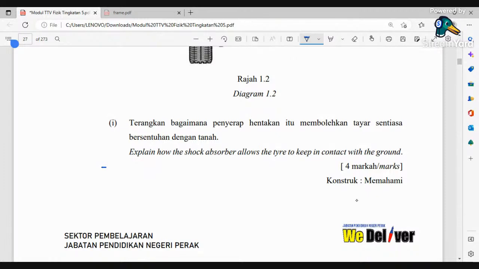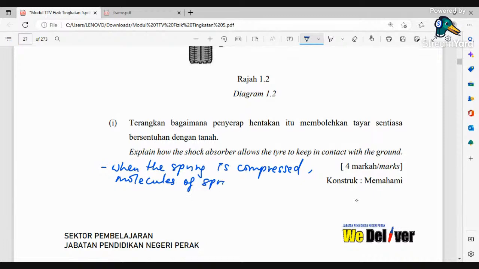Okay, so when the spring is being compressed, molecule of spring displace closer to each other. Okay, kita akan apply concept of elasticity here. It is pushed closer.